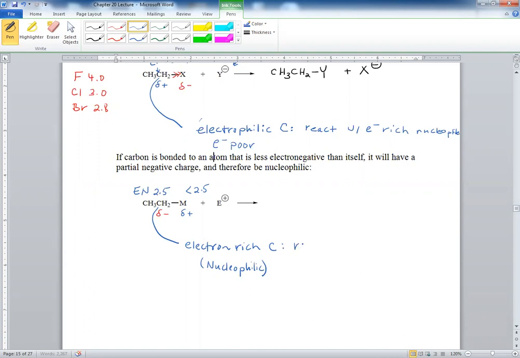It's going to react with electron poor electrophiles. So this right here is your electron poor electrophile.